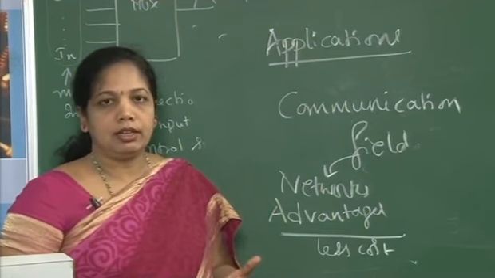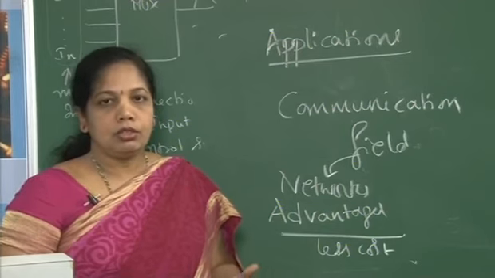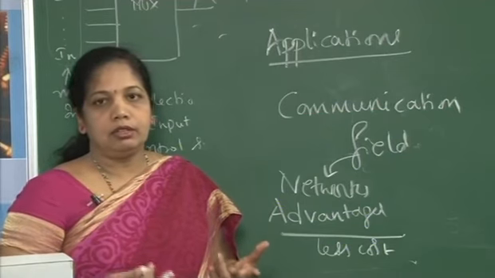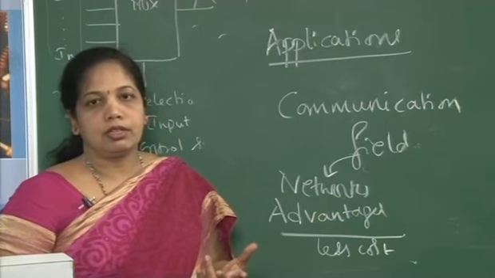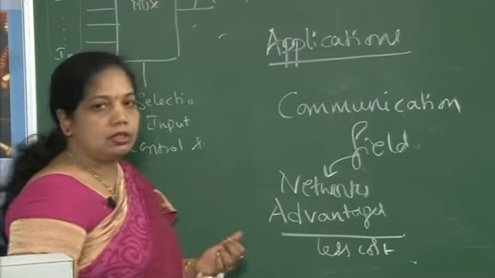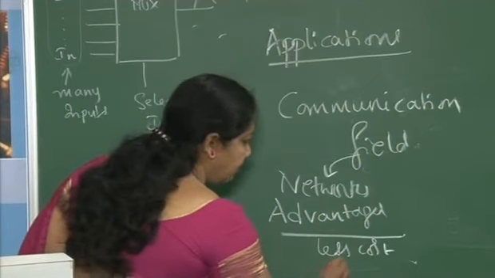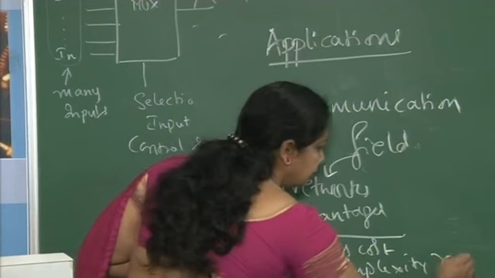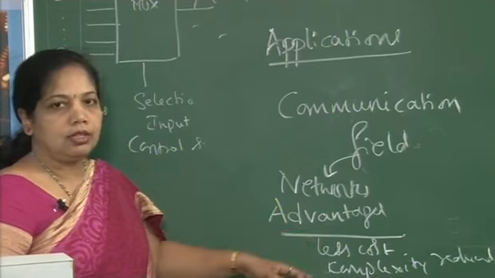Instead, I can redirect all these multiple sources onto a single line, and whenever required, I can send or redirect this to the output based on selections. So less cost, right? And then complexity will be reduced. So these are the advantages.